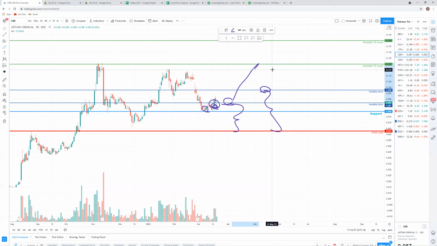So if you ask me why I'm not putting up certain counters, it's as simple as they are not attractive, they are not coming out on my scanner. Why should I trade one counter when there are so many other counters with bigger potential to go up, whereas Singtel is a downtrend counter. So yeah, that's basically my trading style lah.